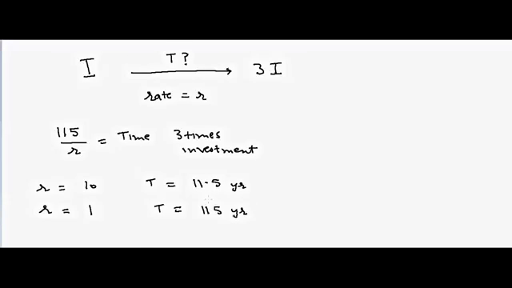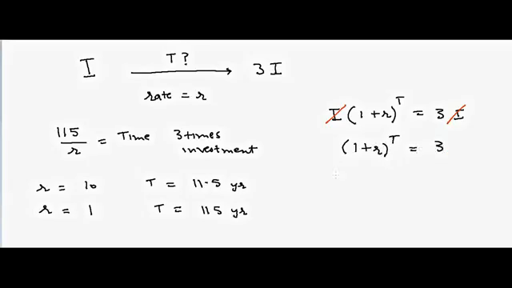So why does this happen? Let's try to solve this problem with the journal approach. The journal approach is to have your investment, and we multiply this investment with the interest rate, and each year it is compounded, so we have it raised to power t, and that should be equal to 3I because we are looking for the investment to grow 3 times. In that case, your I will cancel out, and we're left with (1 plus r) raised to power t is equal to 3.